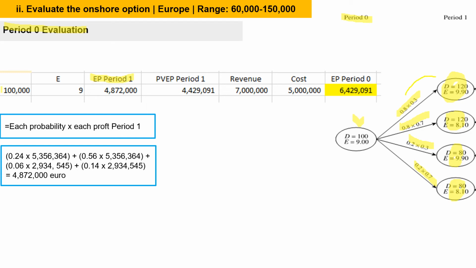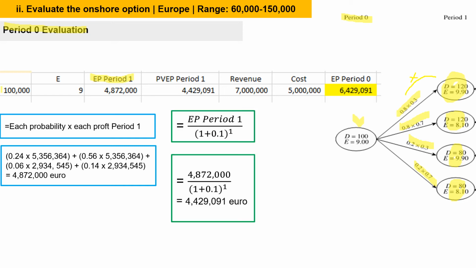And for the PVEP in period 1 that will be discounted to period 0, also the same, the formula is the EP in period 1 in the cell divided by 1 plus 0.1 squared by 1, and we got this number. And for the revenue, it is also the same, the demand units here times the price, which is 100,000 times the 70 euro, and we get this number.